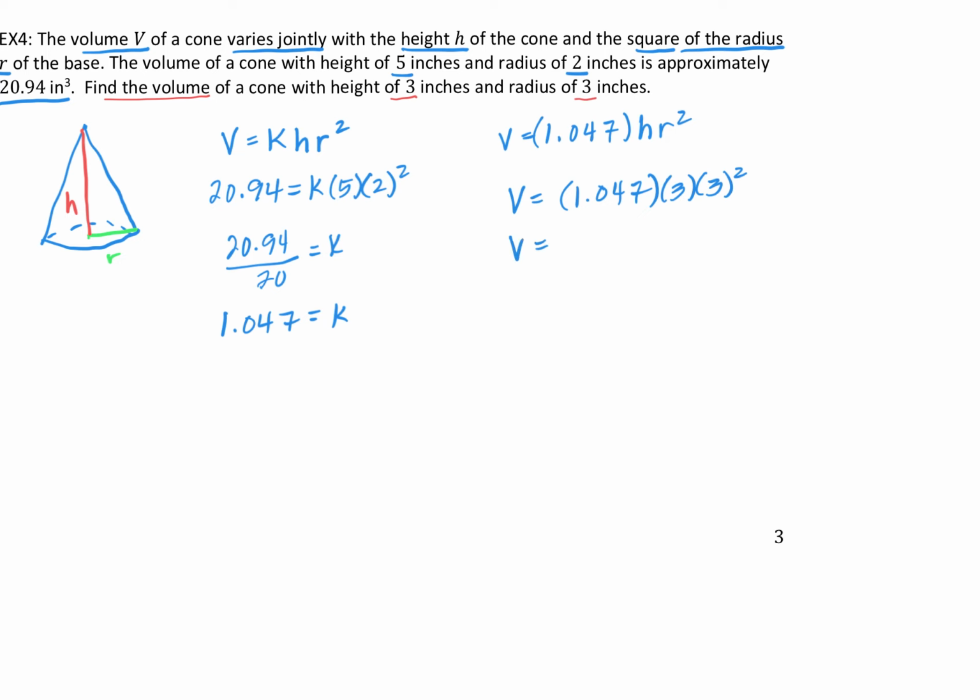When I do, and again double check me on this, I get 28.269. The volume is in cubic inches. So if I were to write the sentence answer, I would just write the volume is 28.269 cubic inches or inches cubed.